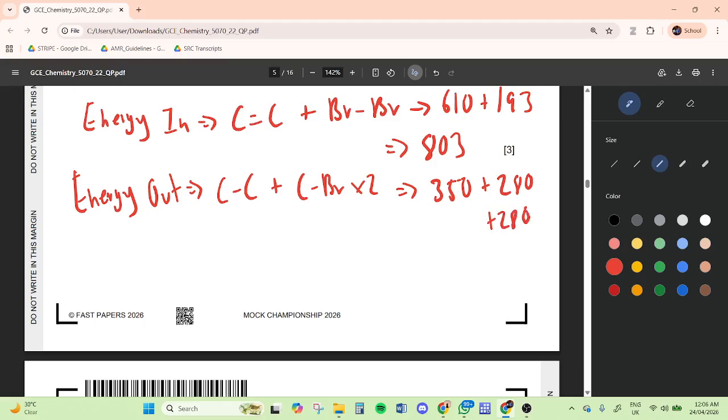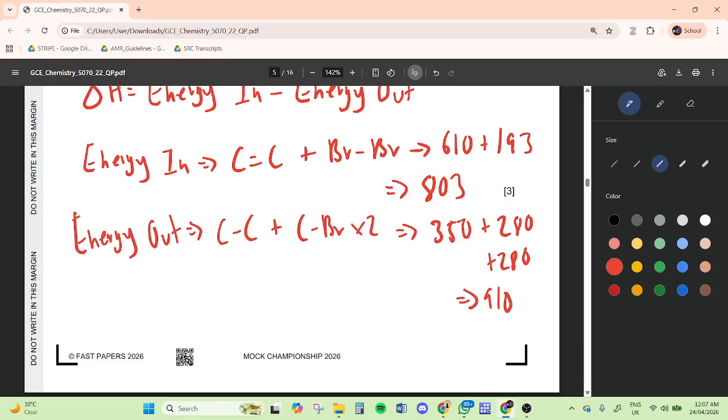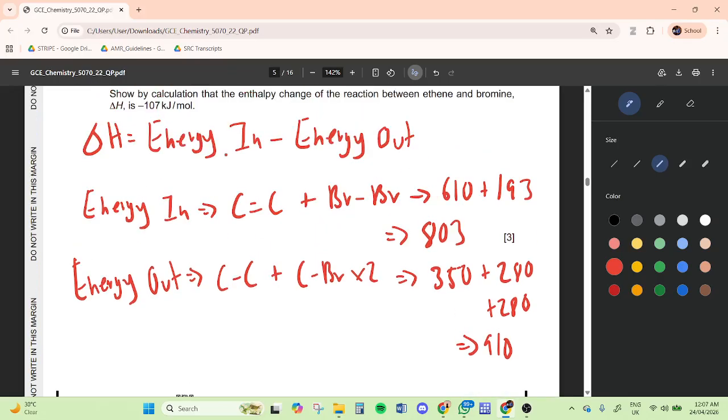So let me input that into my calculator. Got my calculator. So if we input that, then that comes to around 910. So our energy in is 803 and our energy out is 910.